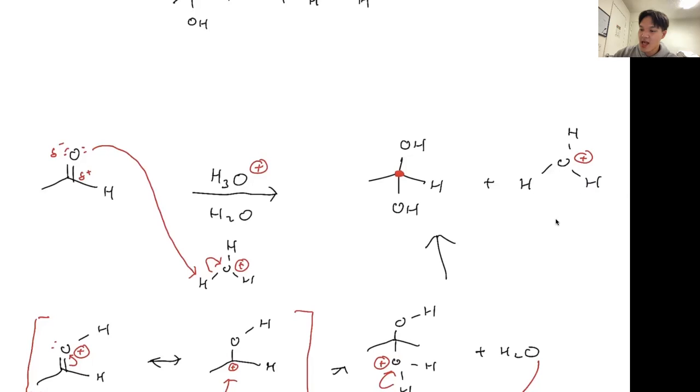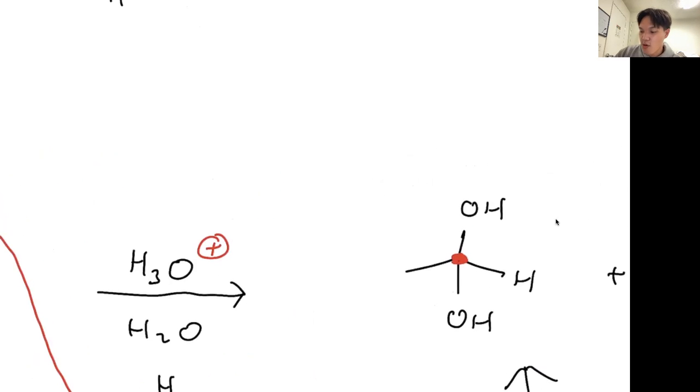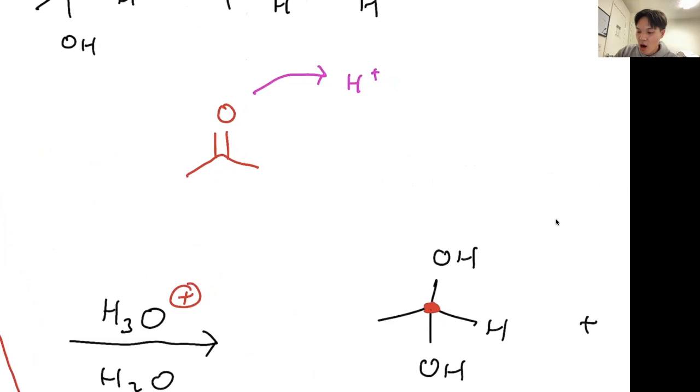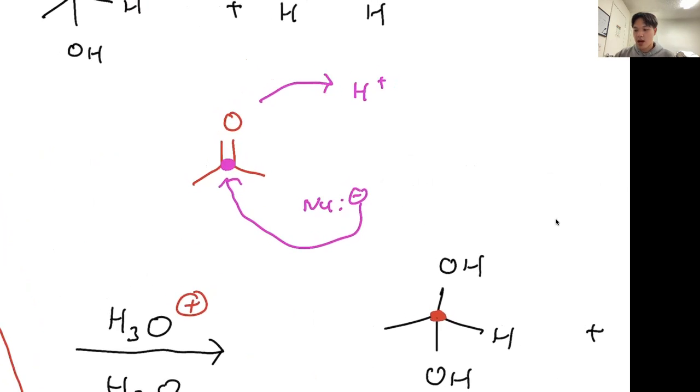So the general idea that I want you to take from this is that when we have this compound, this oxygen will react with any acid. So I'll point it with an H plus, and this carbon can be attacked by a nucleophile, right? So if you see any acid, we know that we're going to be reacting this oxygen. If you see a good base or a good nucleophile, we're going to be reacting it to that carbon, right?